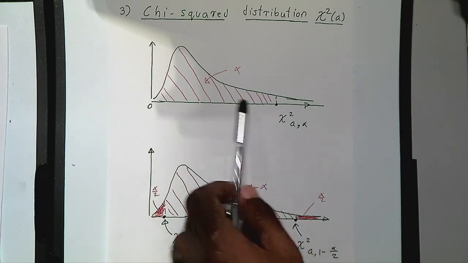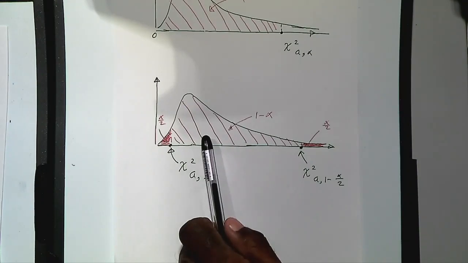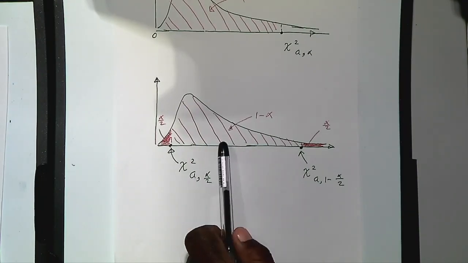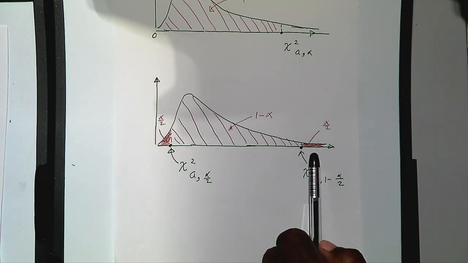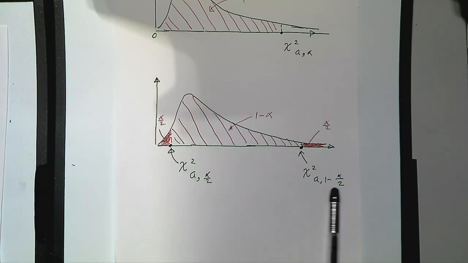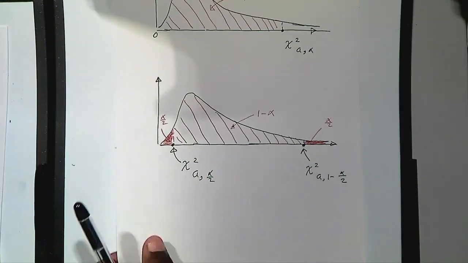Alpha is the area to the left. And in the second graph, if you have an area of 1 minus alpha in the middle, alpha by 2 on the left, alpha by 2 on the right, then this point is denoted by this, and this point is denoted by this, right? So these are notations, and after introducing the notation, I started talking about confidence intervals.